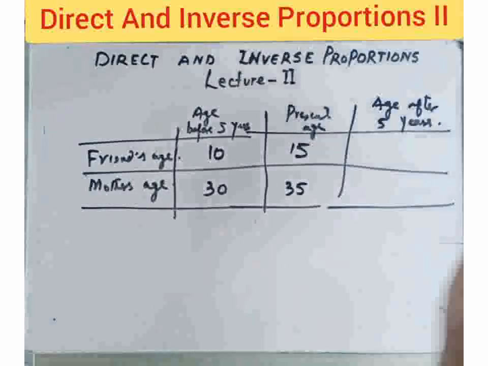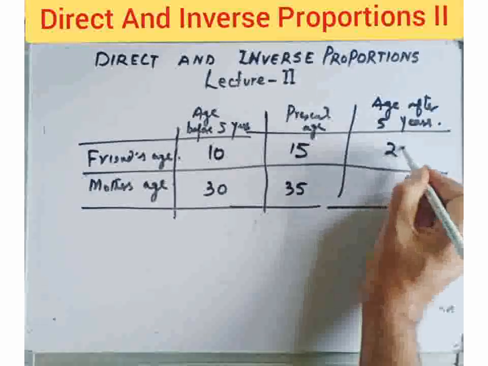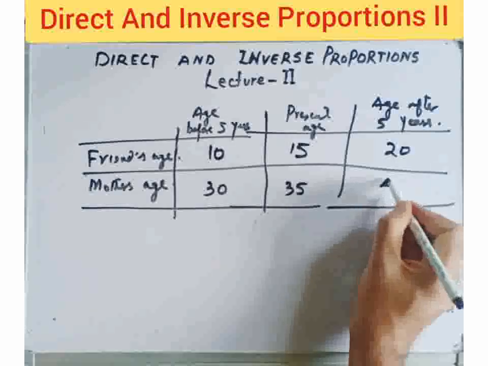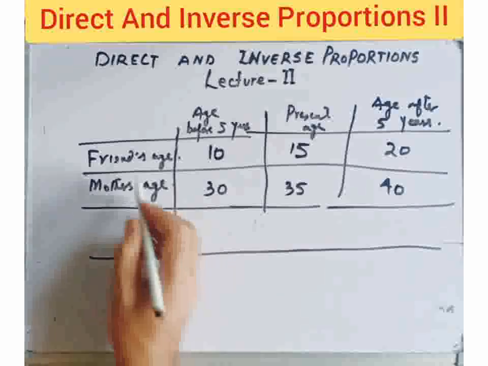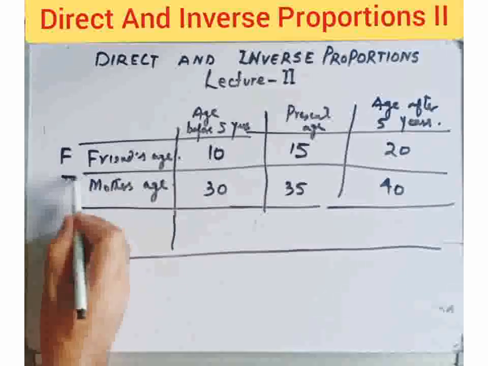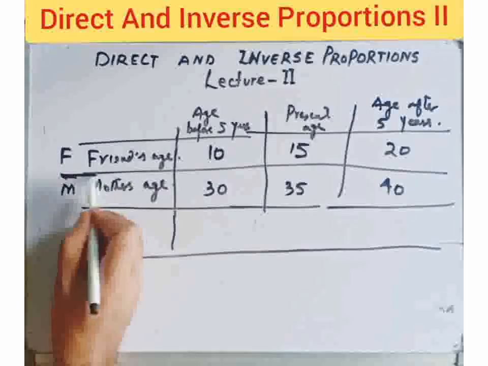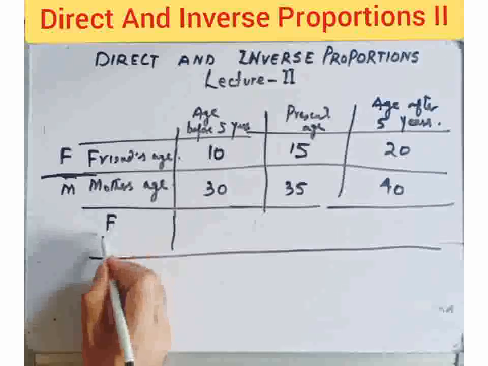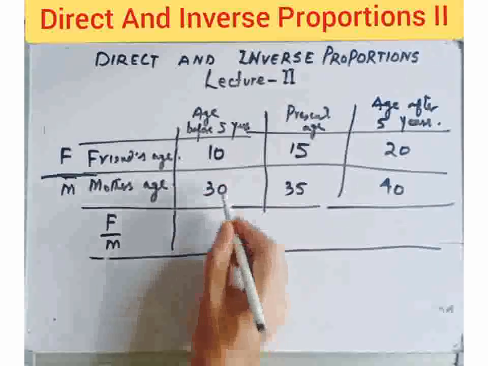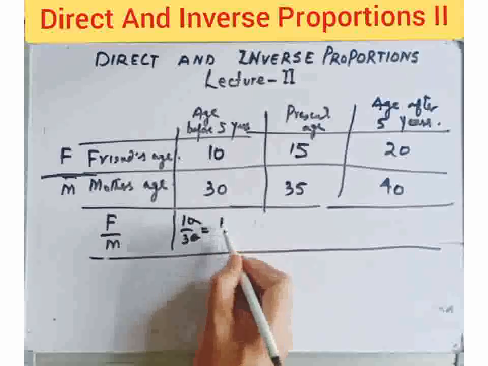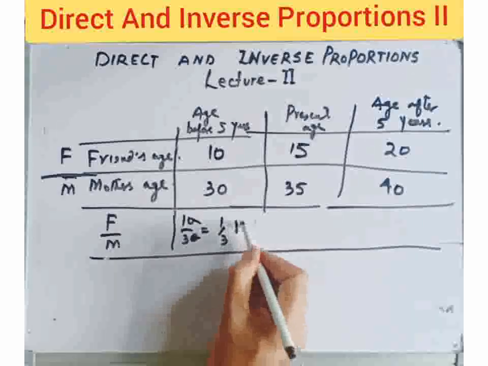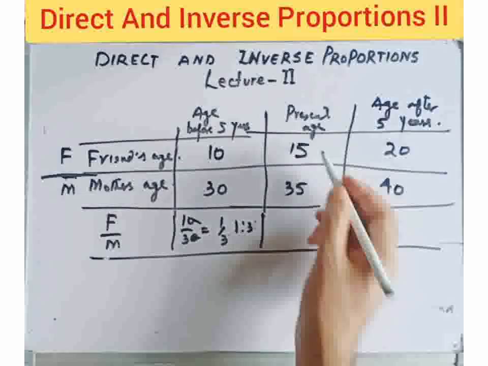Then age after 5 years will be 20 and 40. Now try to find out, say this is friend's age F and mother's age M. Let's try to find out F by M. So this will be 10 divided by 30, that will be equal to 1 by 3, or 1 is to 3, right?